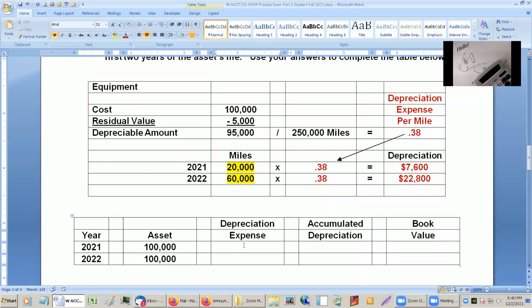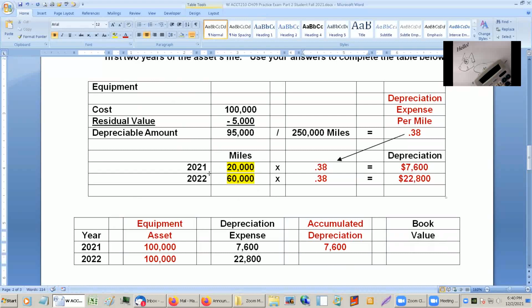So 100,000, the depreciation expense is 7,600 in the first year and 22,800 in the next year. So first year it's 7,600.